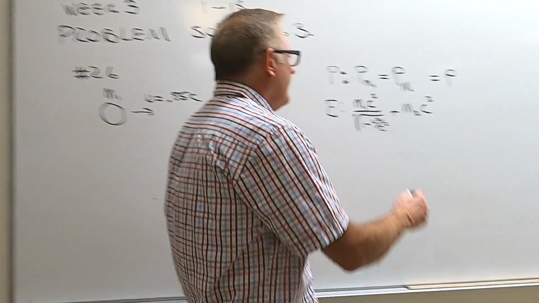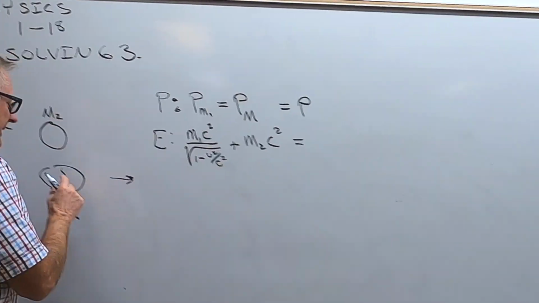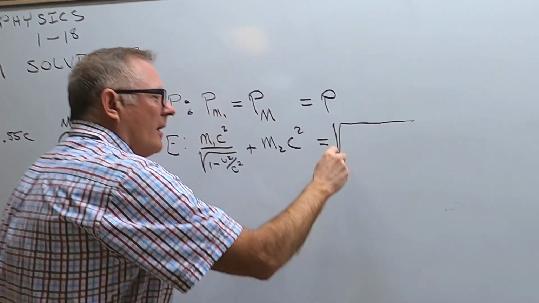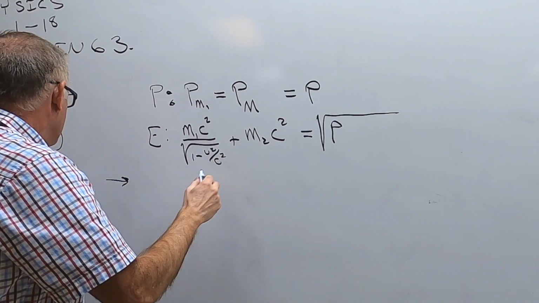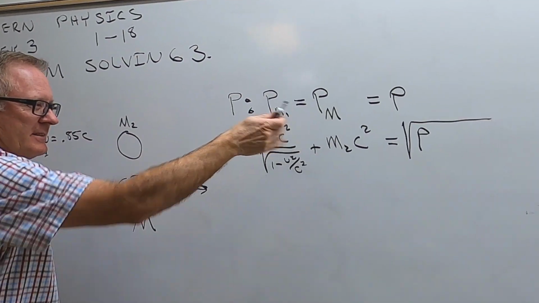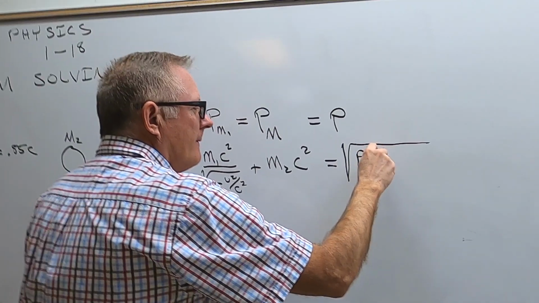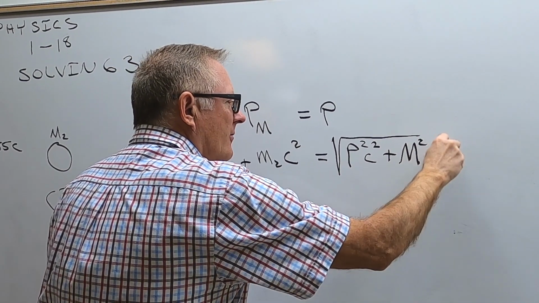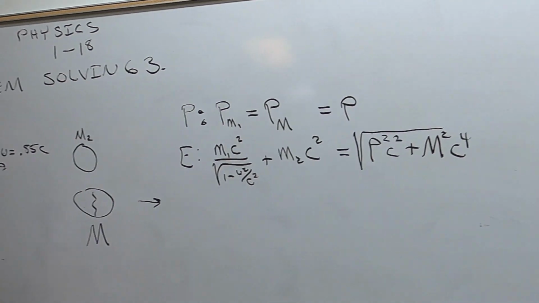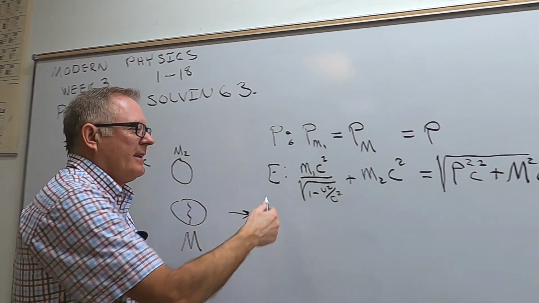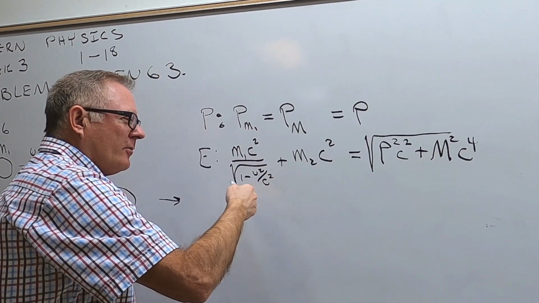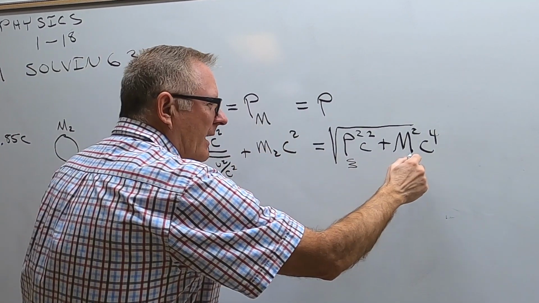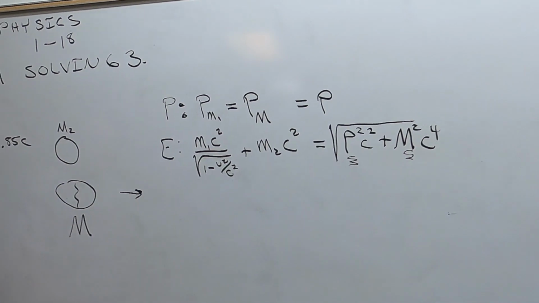So the energy of this is the square root of P squared c squared, it doesn't matter, both P's are the same, plus big M squared c to the fourth. So I have this equation right here, but I have two unknowns. I don't know P, though I know they're both equal, and I don't know M. That's what they wanted right here.